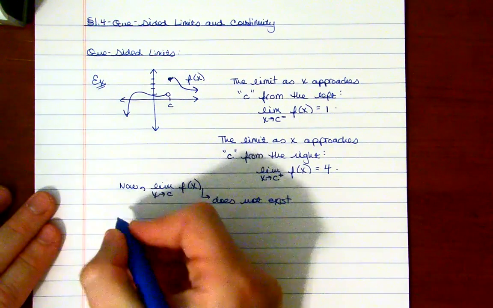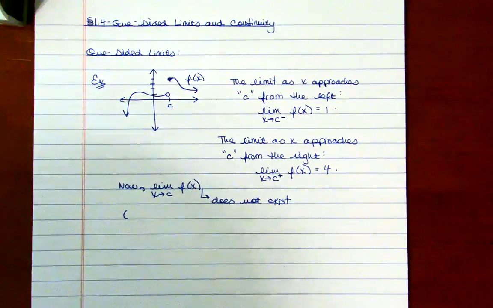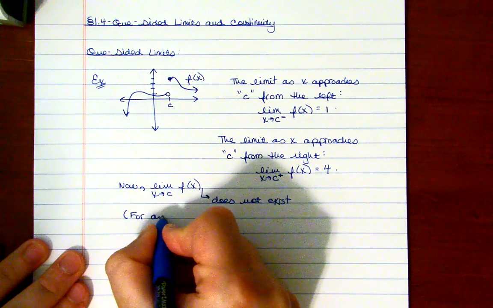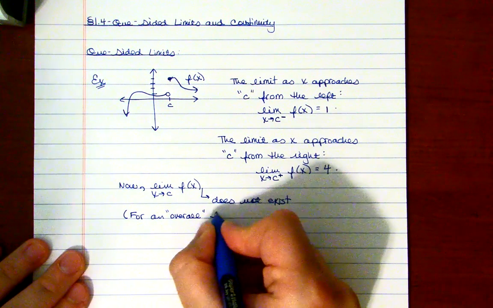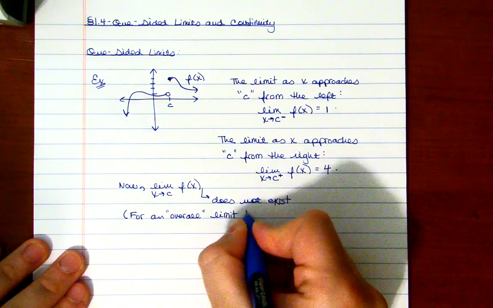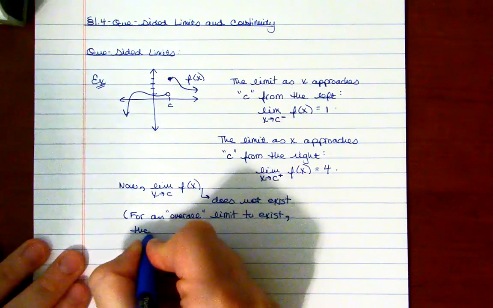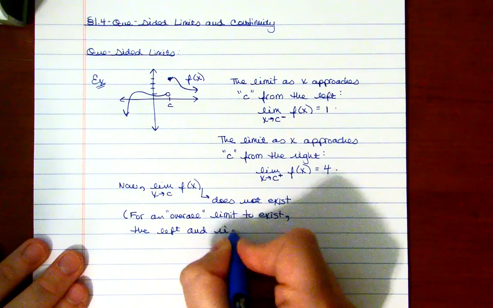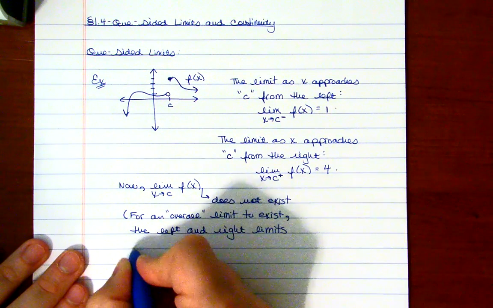I think I do want to make a note of something. For an overall limit to exist, the left and right limits must exist and must be equal.